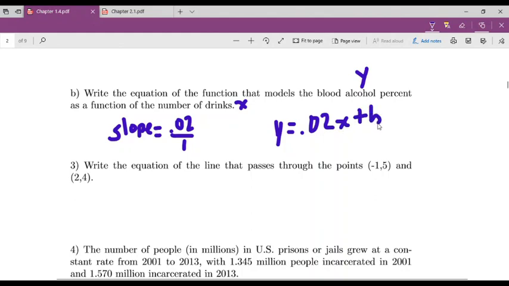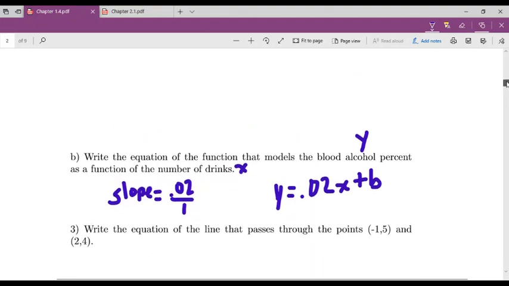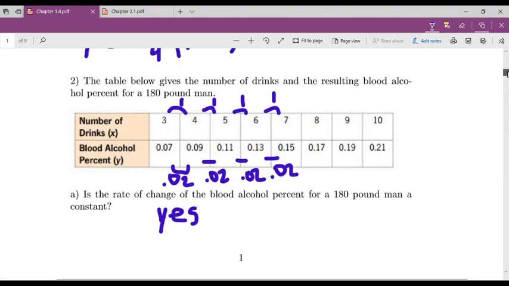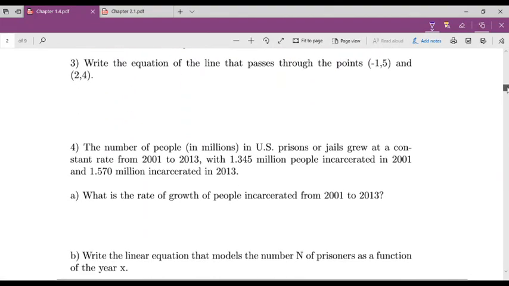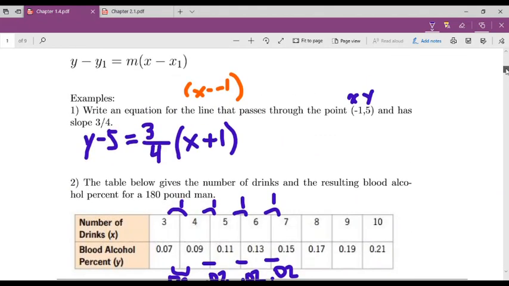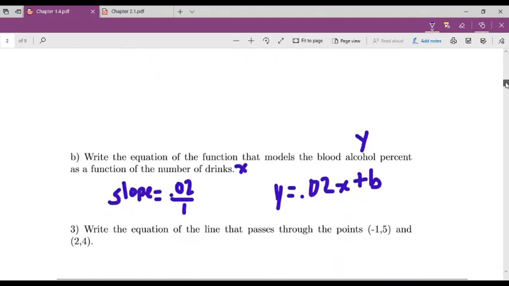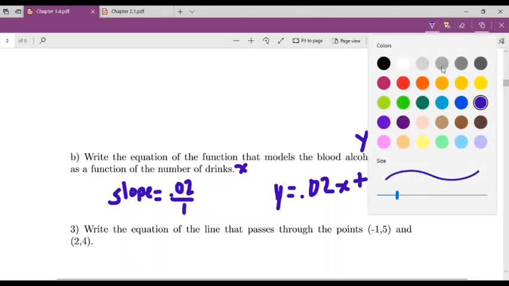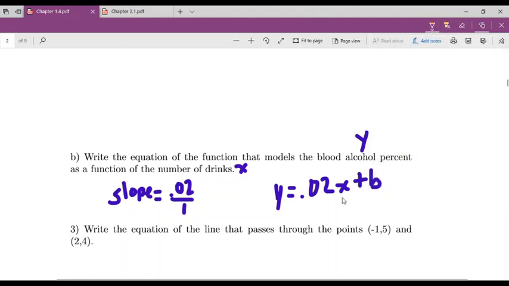And then you're going to take a point from your graph above here. So say the point 3 and 0.07. So 3 was your x, 0.07 was your y. You'll have to substitute those points in so that you can solve for whatever this b is.